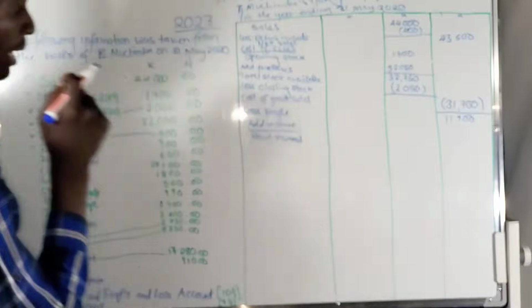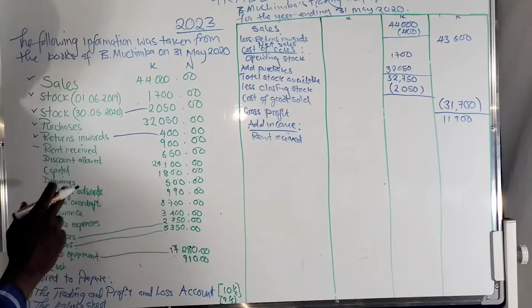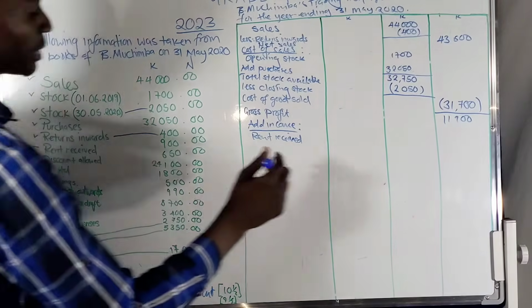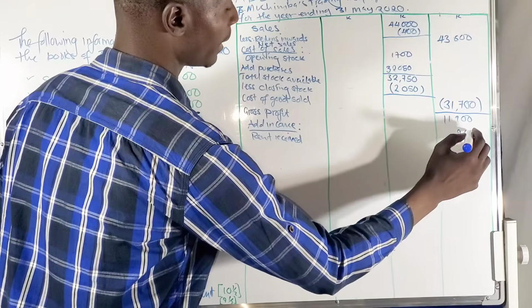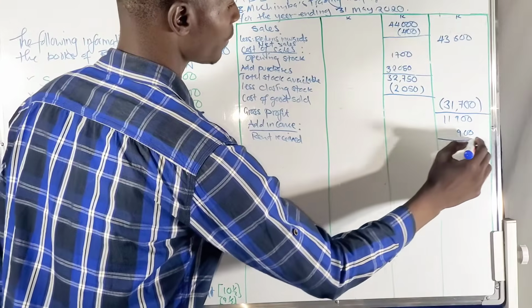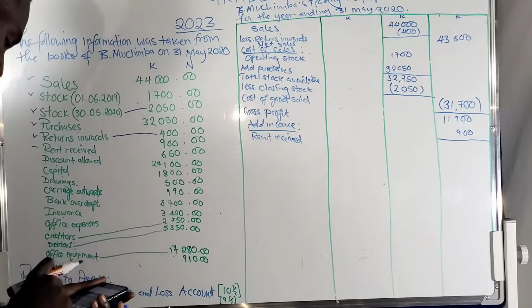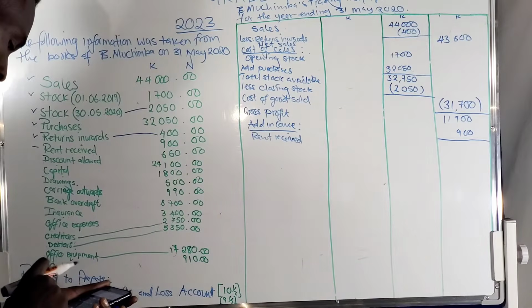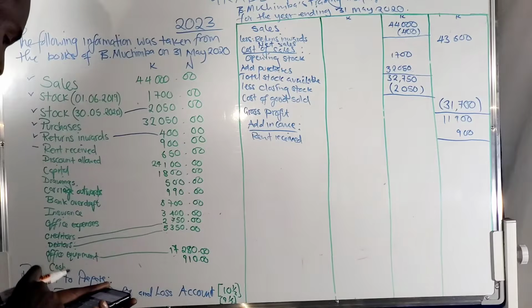Rent received. Since we only have one, rent received will go direct to the last column, which is 900. This one is going to be added to the gross profit, 900.